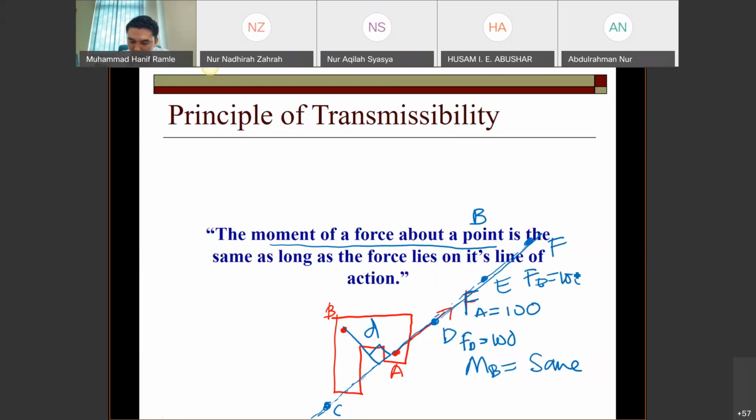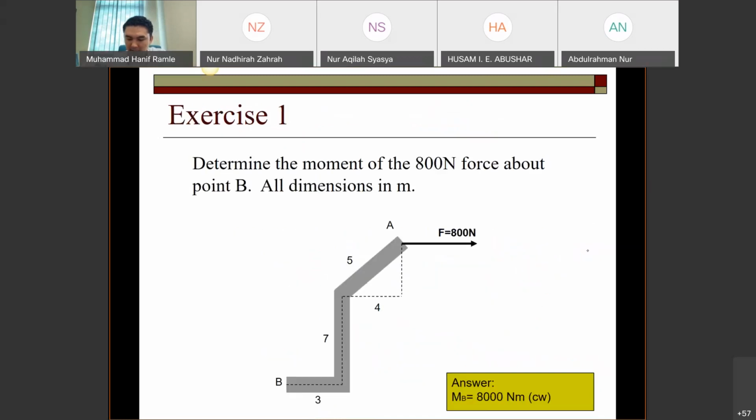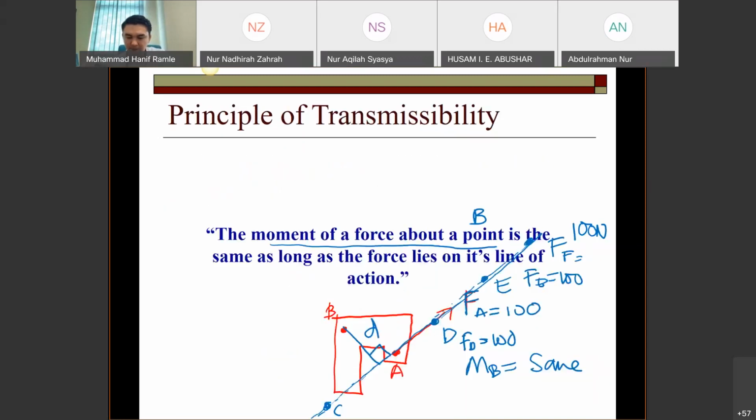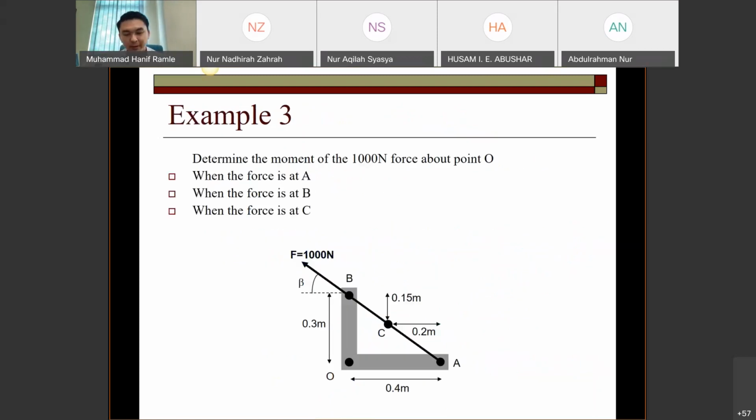As long as the force is similar as well, then you will get the answer that the moment is similar. If you don't trust me, then we do this example.